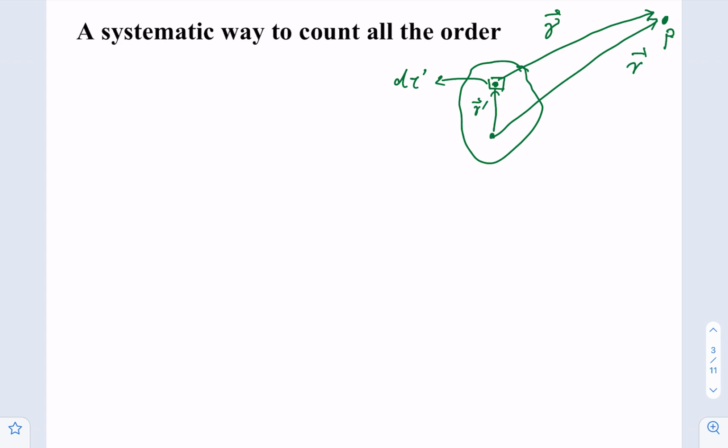Now, because we are in the far field limit, r prime is a small quantity compared to r.